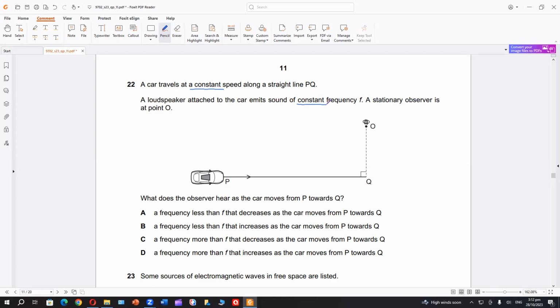Where is the observer? Observer is at point O. This is a Doppler effect question.